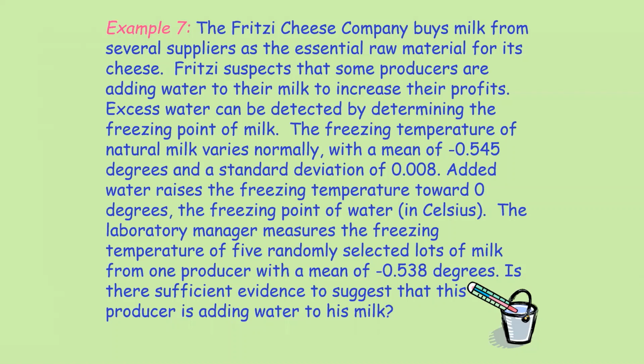Added water raises the freezing temp toward 0, the freezing point of water in Celsius. A laboratory manager measures the freezing temperature of 5 randomly selected lots of milk from one producer with a mean of negative 0.538 degrees. So, is there sufficient evidence to suggest that this producer is adding water to his milk?